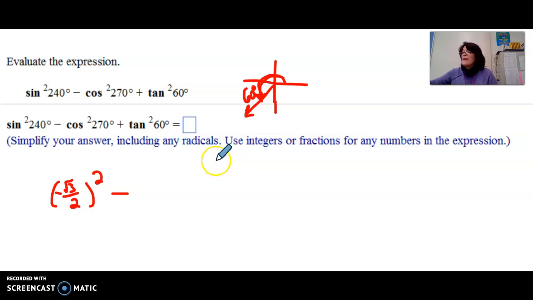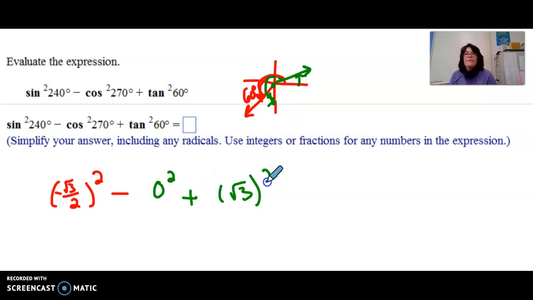Think about 270. Ooh, that's a quadrantal angle. 270, I don't have to do any reference angle for that. The cosine, that's the x-coordinate that goes with any point on here, so that's 0. And the tangent of 60. I think we saw that the tangent of 60 on our other paper was square root of 3.